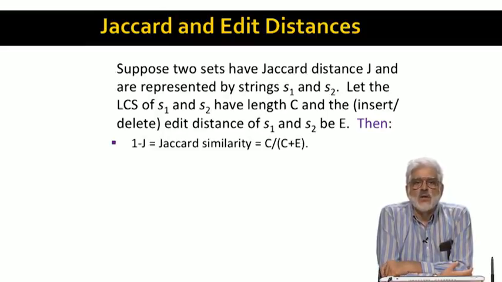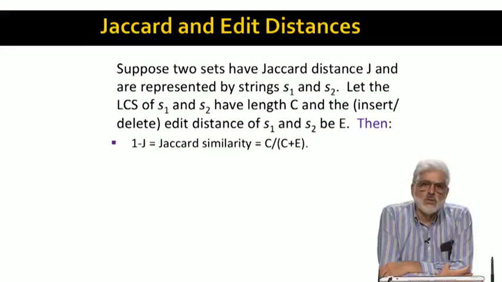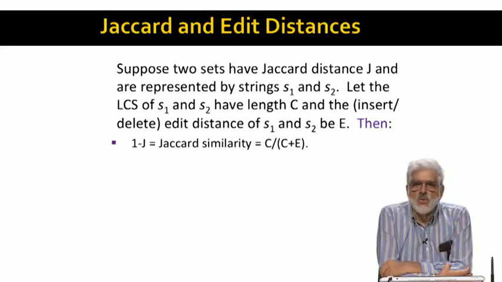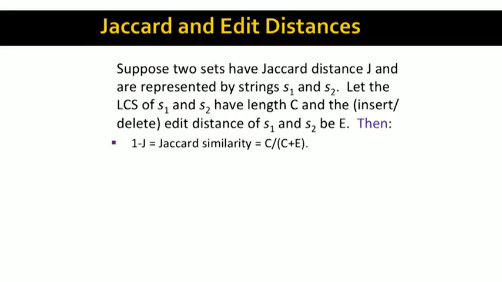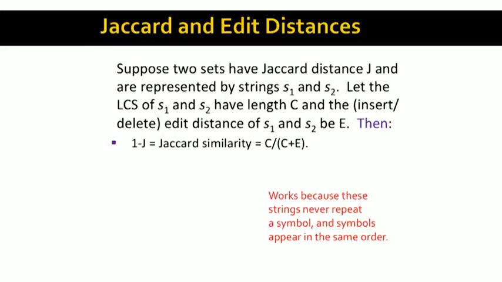The union of the underlying sets is all the symbols in the LCS of S1 and S2, plus the symbols in S1 but not in S2, plus those in S2 but not in S1. Thus, the size of the union is C plus the edit distance. We should comment that this method of trying to convert S1 to S2 doesn't work in general, but it works here because the symbols they have in common appear only once, and they appear in the same order.